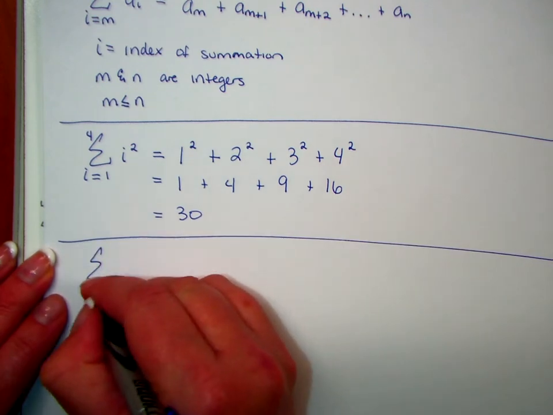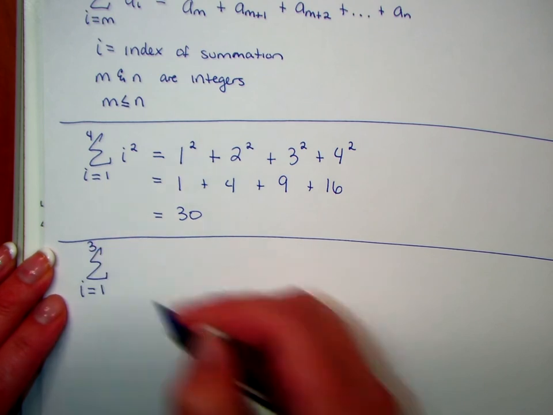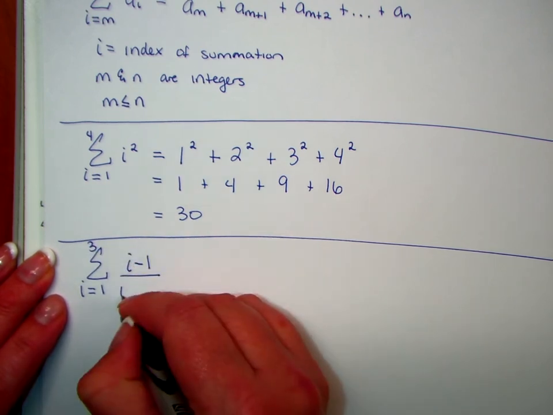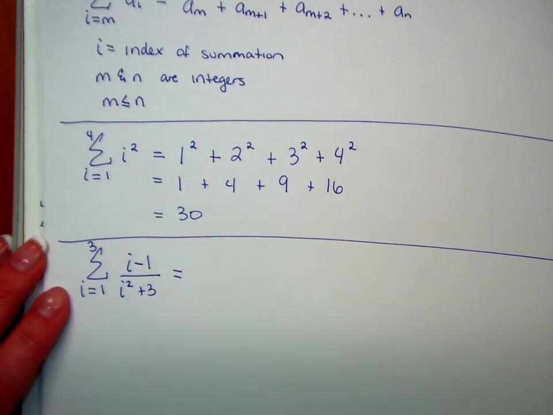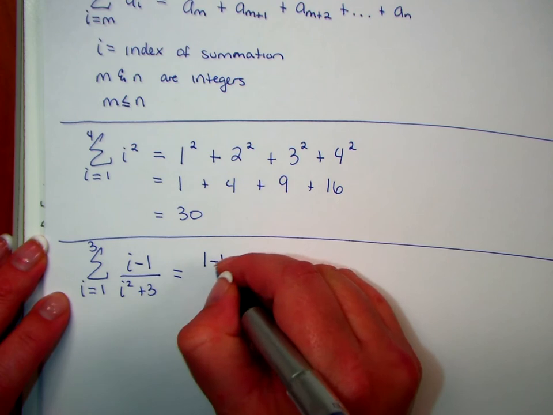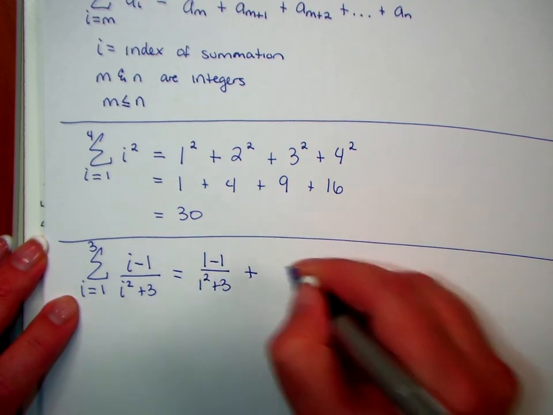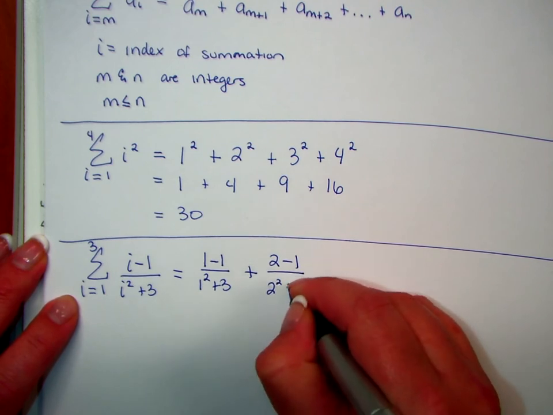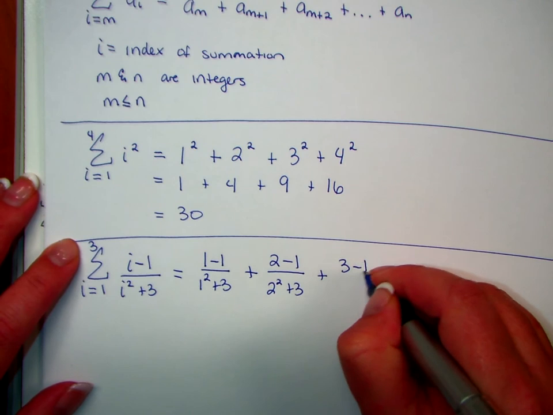Let's do another one. Summation from 1 to 3 of (i minus 1) over (i squared plus 3). So the first time through, we're just going to plug 1 in. The second time through, we're going to plug 2 in. And then the last time through, we're going to plug 3 in.